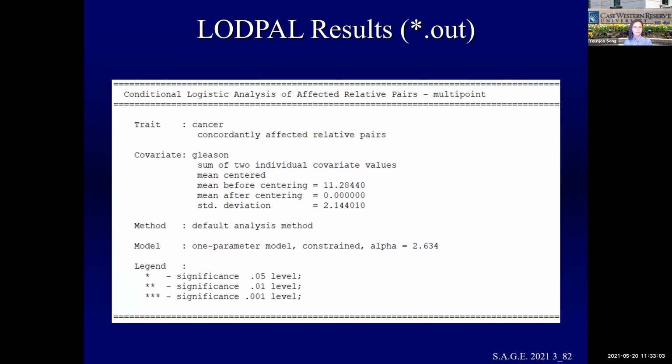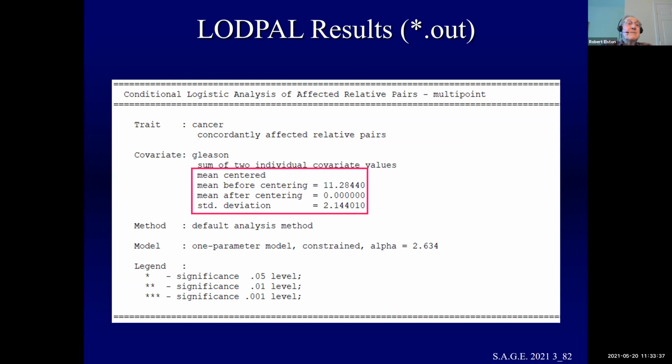Now, what you need to know, for those of you who don't know, the Gleason score is the severity of prostate cancer. So it makes sense to put that in as well, and to hope that that will give you more power. And this first score, it says concordantly affected relative pairs. That's what we're doing. But we're putting in a covariate, the Gleason score, and we're putting in the sum for 2 individuals, which is exactly the same if you think, because it's mean centered.